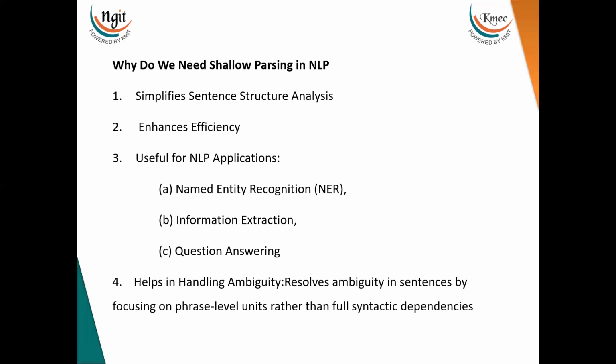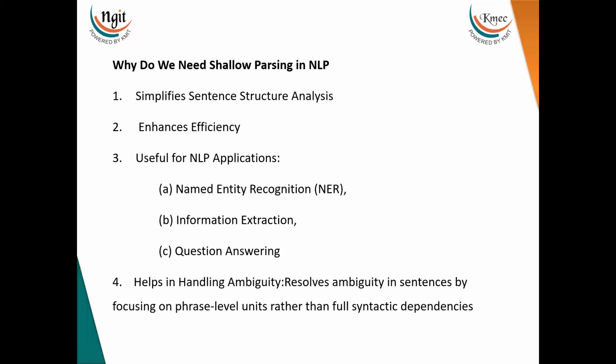So shallow parsing simplifies the sentence structure analysis, which means it makes it simpler and faster, since it deals with the identification of only a few constituents, that is, a few chunks.